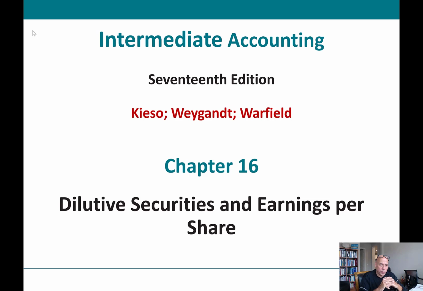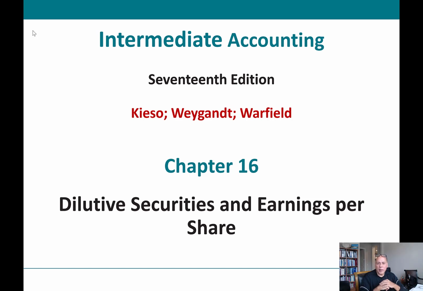That focuses on bonds that are convertible into common shares, and preferred stock that could be converted into common shares. And for once, as accountants, we get to use our imagination. We get to pretend: what would happen if these shares were actually converted? And we're going to see that there are some very specific rules as to how that's done.